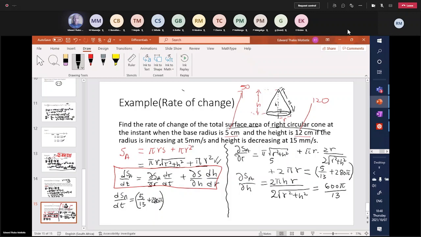Let's see, the tangent r is 5, so you multiply it by 5 and then plus, now here I substituted this 600 pi over 13 and the dh dt is minus 15. Minus 15.